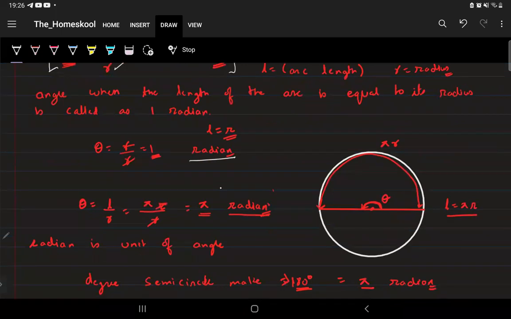So we know that for a semicircle, what is the angle? Tell me, for a semicircle, what is the angle in degrees? Sir, for a semicircle in degrees, it is 180 degree. Very good. And for a complete circle, it is 360 degree.